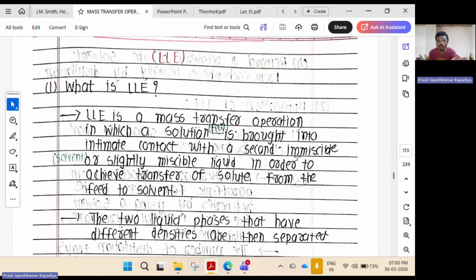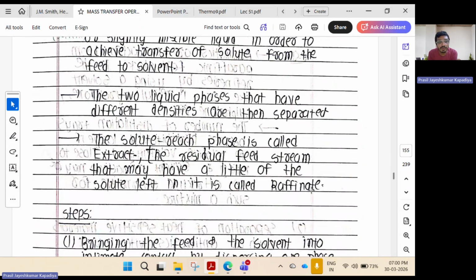In reality, there are no completely immiscible phases; there is slight miscibility between both phases. So the feed solution is brought in intimate contact with the second liquid in order to achieve the transfer of solute from feed to solvent. Okay. So the two liquid phases that have different densities are then separated.